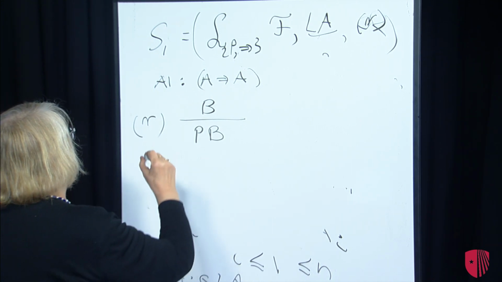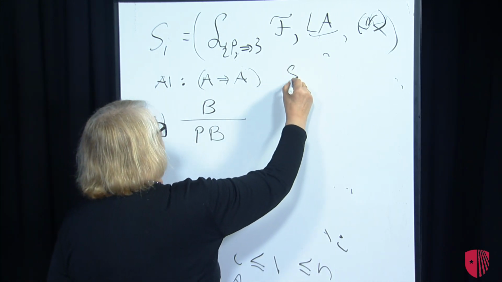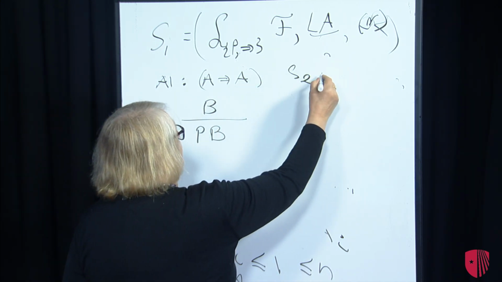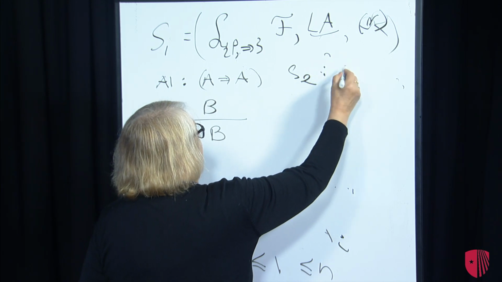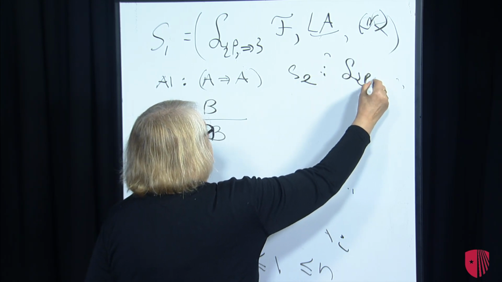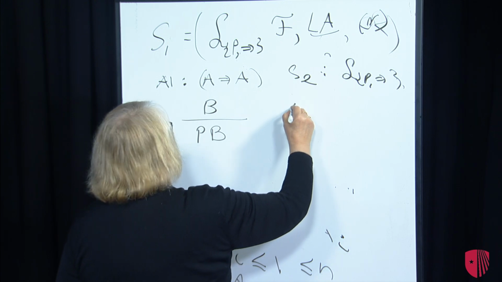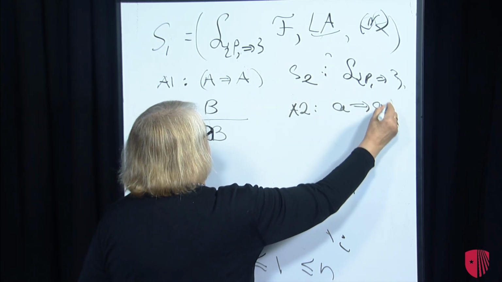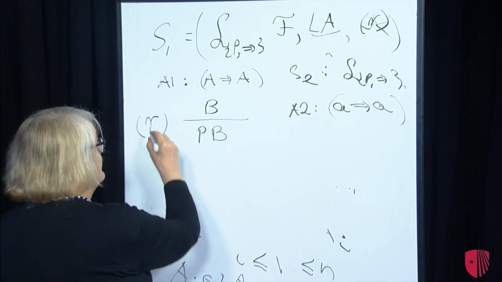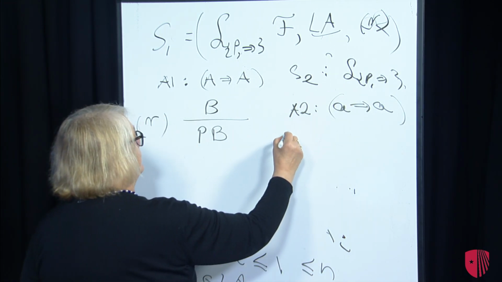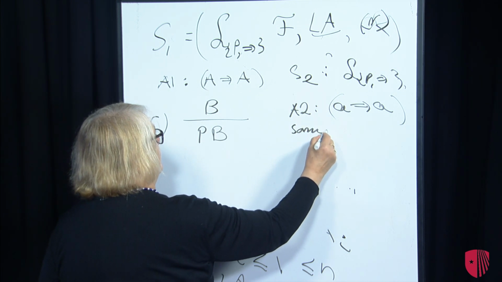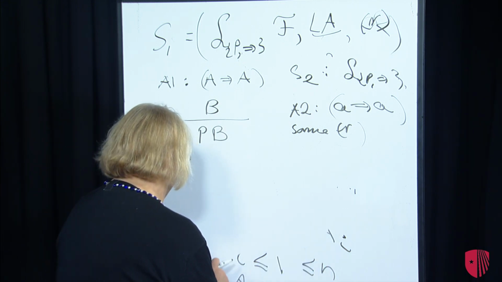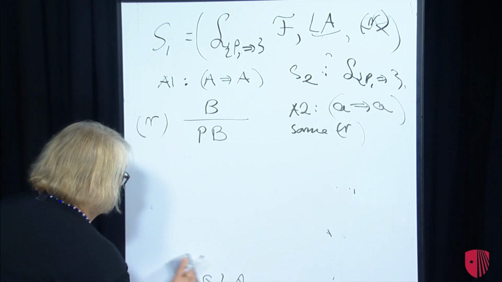Now I also have system 2, which looks very much like this one. The language is exactly the same. The only thing I change is the axiom, I write A implies A, and the same rule of inference, the same R. So we now have two proof systems.